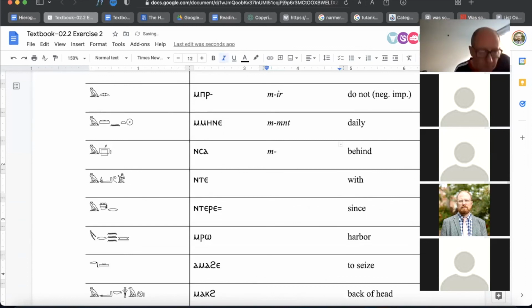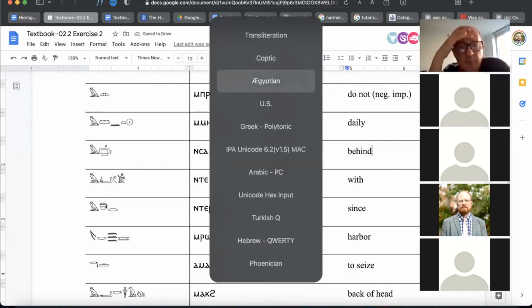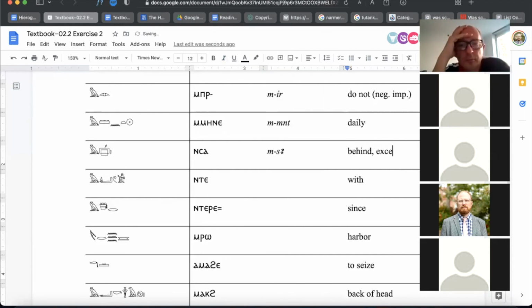M. Is it S Aleph? That's right. So saw actually means back. And so imsa means on the back, and then that is behind. And I think even in Late Egyptian, it can also mean other things. In Coptic, you say ensa to mean accept, but it literally means behind, and it originally meant literally on back.